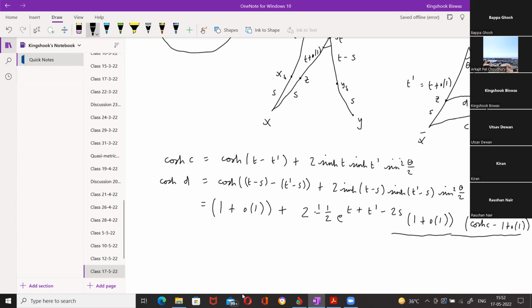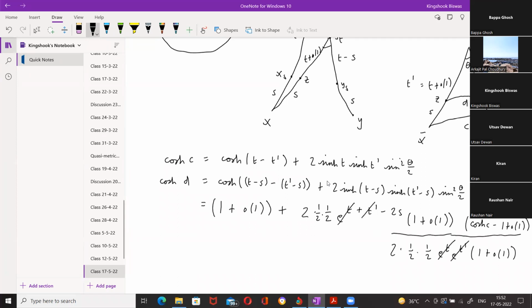There's a half and a half, two halves here, and then again a 2 and a half and a half. The e to the t prime will cancel with this e to the t prime.